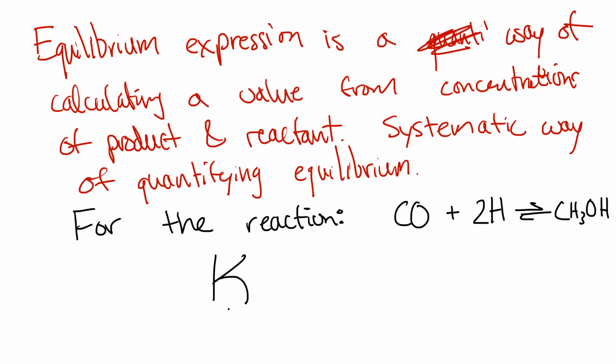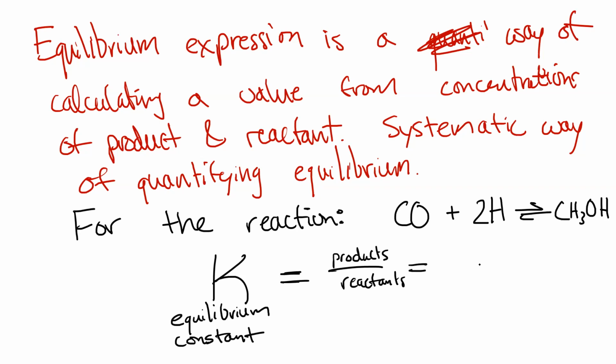The equilibrium constant, which is a capital K, is calculated from the equilibrium expression, which is, in general, products over reactants, but done in this fashion. The product concentration, represented with brackets, [CH3OH], over the concentration of carbon monoxide, [CO], and the concentration of H2.